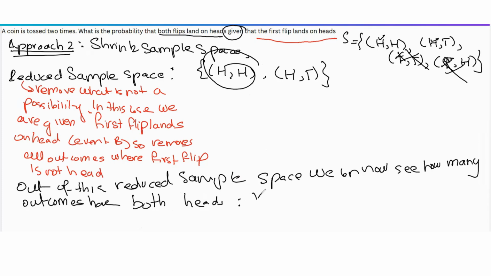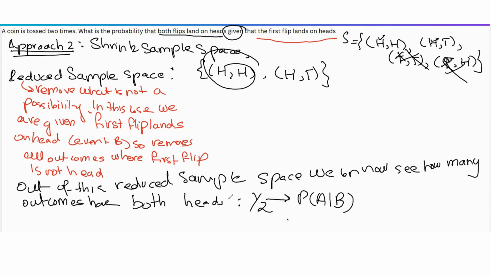So this is going to be 1 divided by 2, the probability of A given P. We first reduced our sample space by removing all those outcomes where the first flip is not a head. Now, out of this reduced sample space, we want the probability that both flips are heads, and that's just one possible outcome. So the probability is 1 by 2.